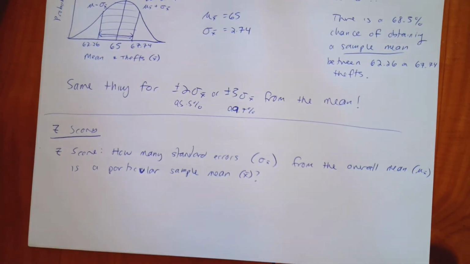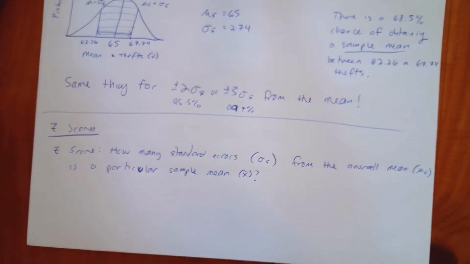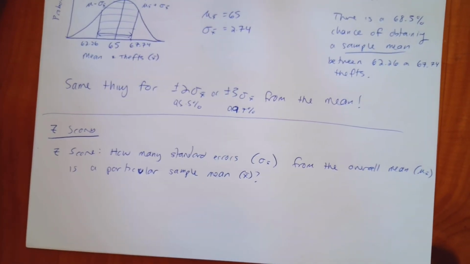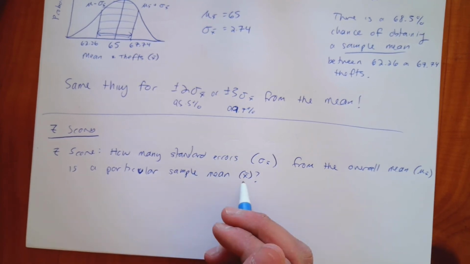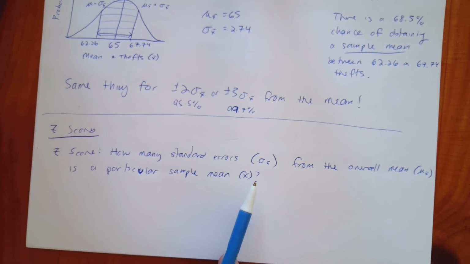So this should also look relatively familiar. When we talked about z-scores last week, we were talking about how many standard deviations away from the mean a particular variable value was. In this case, we're not looking at individual variable values, instead we're looking at sample means. So we want to know how many standard errors away from the overall mean a particular sample mean is.